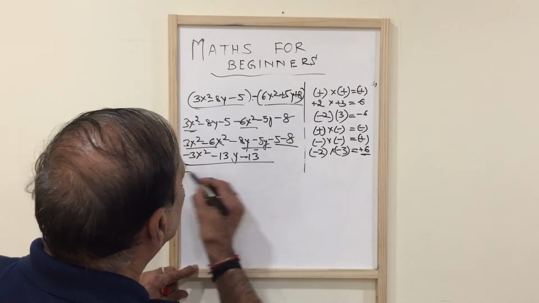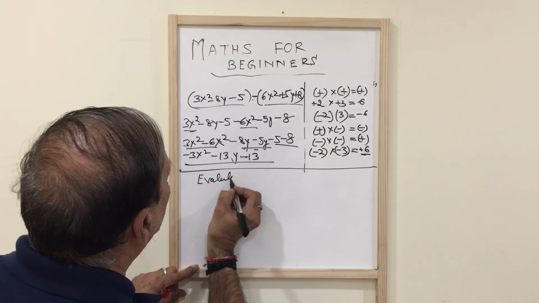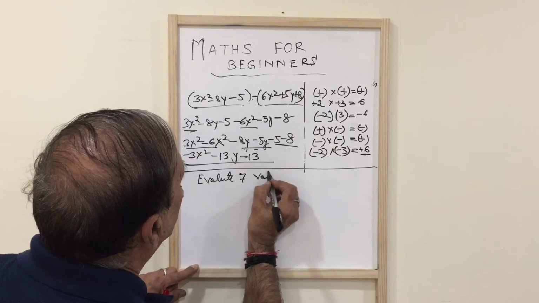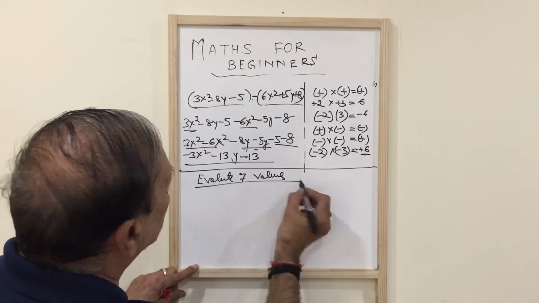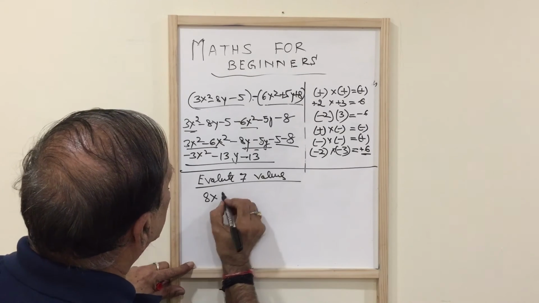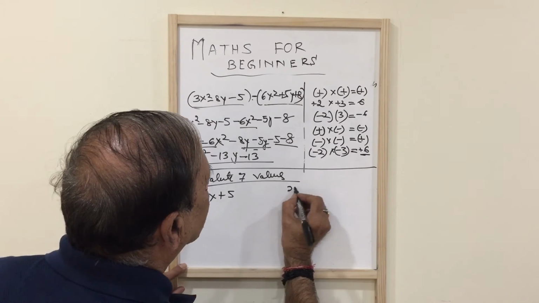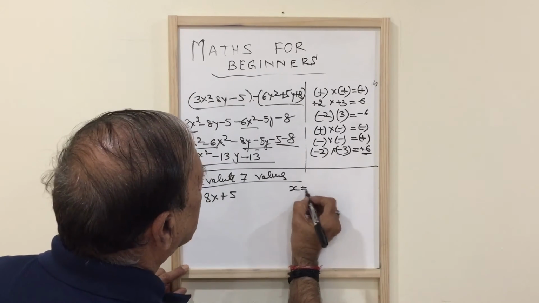I'll take one more example, just simple. We have to evaluate the value. Suppose we are taking 8x plus 5 and we have a value of x given. Suppose x is given as 4.